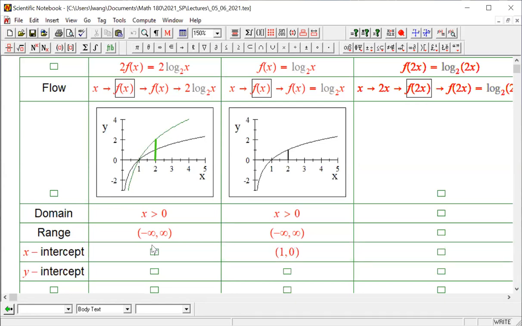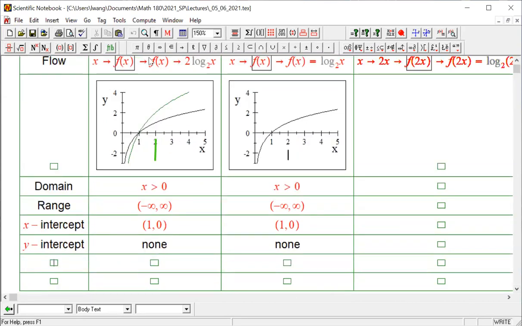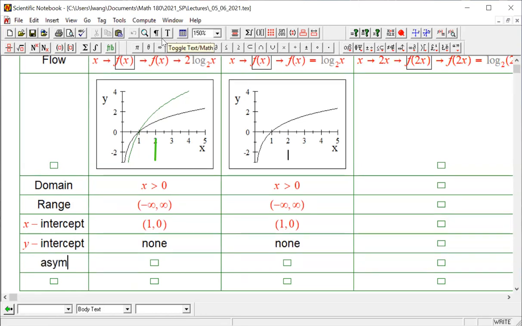Okay, and if you set up the output equals zero, you're going to find the same number. How about Y intercept? None. And how about here? None. Still none, right? Asymptotes. X is equal to 0. Yep.